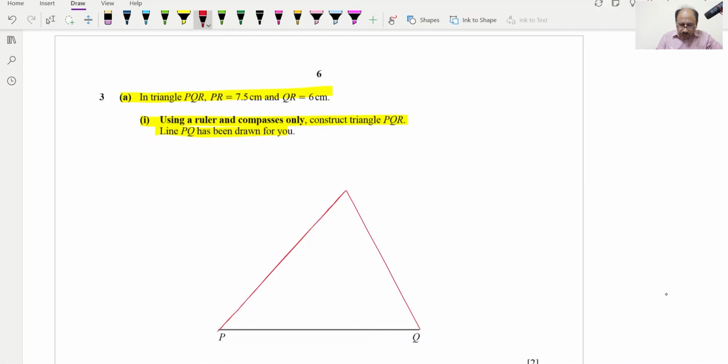Basically what we are doing, you will have to put your compass first over here and open the compass and draw an arc of 7.5 centimeters, and that arc will be like over here. The second arc you will be drawing for 6 centimeters, and that arc will be this one, and then you will be joining these points, and it will be 7.5 centimeters, and this is 6 centimeters.